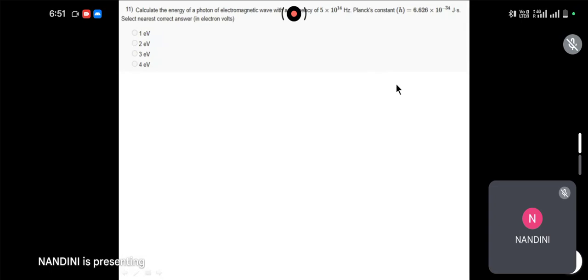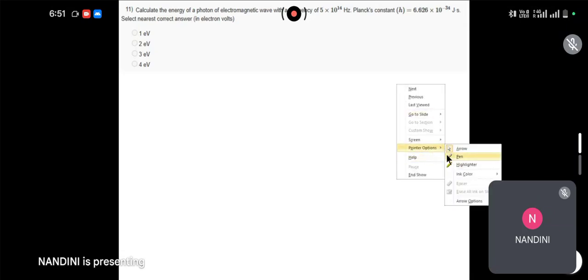Now the next question: calculate the energy of a photon of an electromagnetic wave with a frequency of 5 into 10 raised to 14 hertz, where Planck's constant has a value of 6.626 into 10 raised to minus 34 joule second. Select the nearest correct answer.